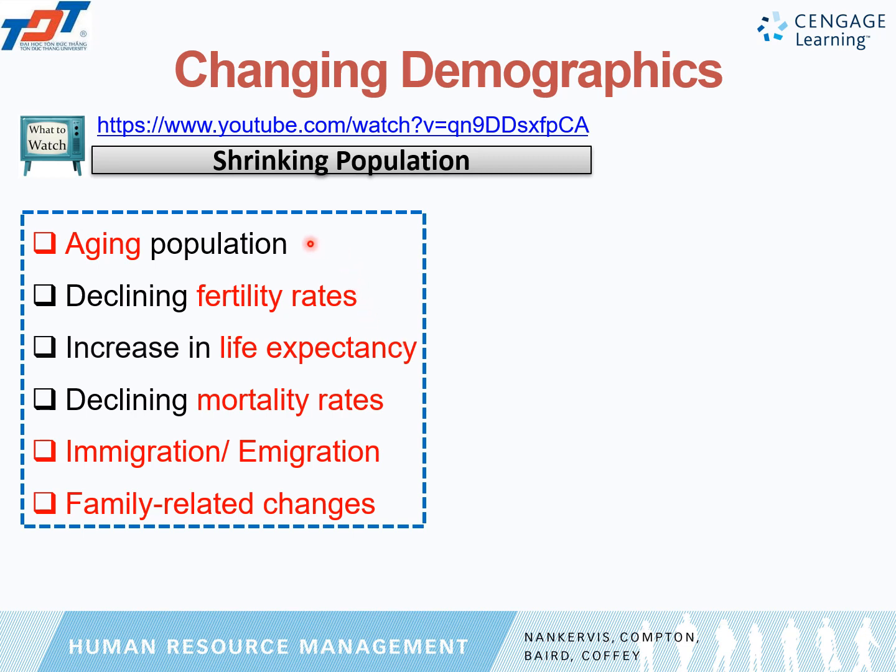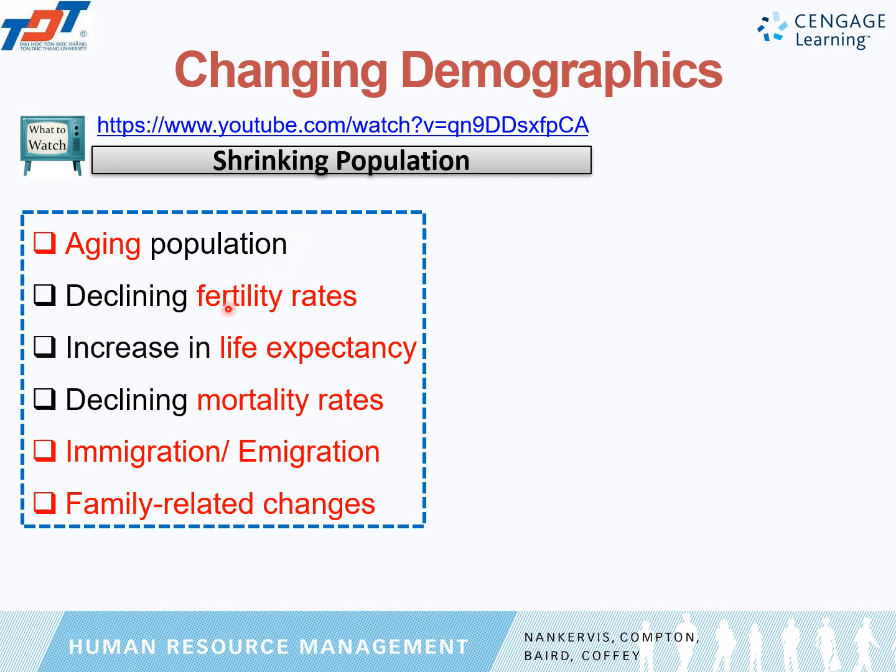In terms of aging population, what you need to know is that in many countries around the world today, the share of young people is declining, whereas the share of elderly people is increasing. Many economic specialists have called this a demographic time bomb for a number of reasons.